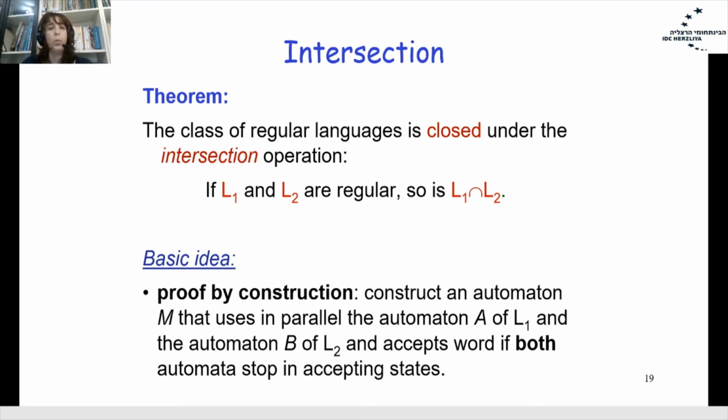So now when we define the set F of the accepting states of the new machine M, we will need that both states that we have in automaton A and in automaton B will be accepting states.